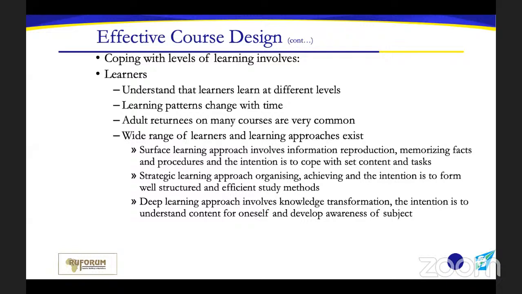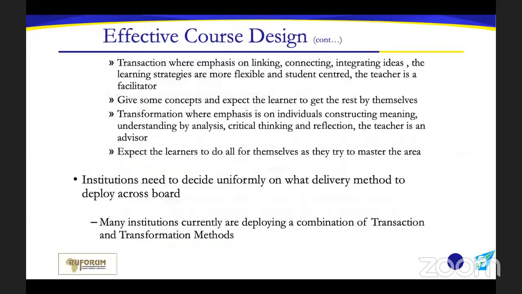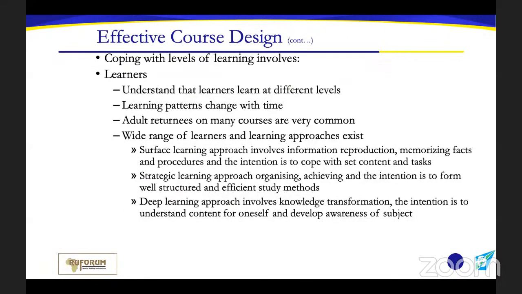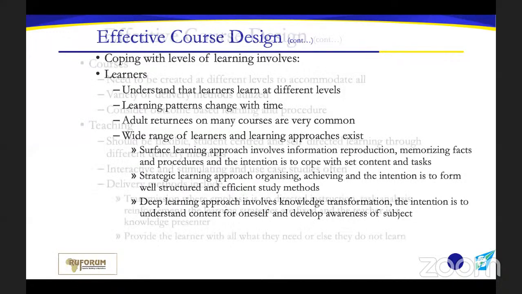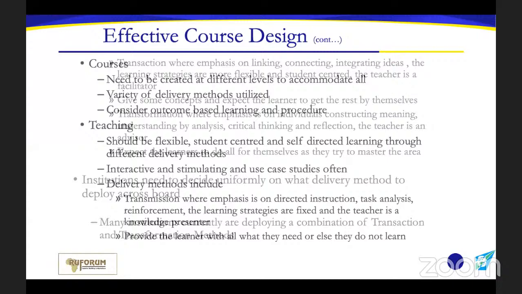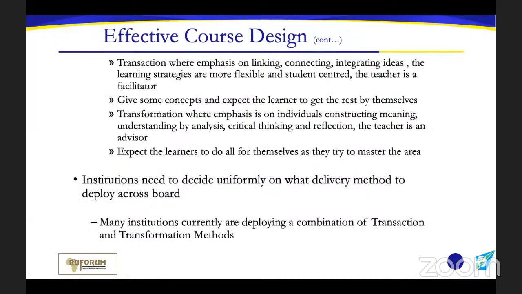You'll find that strategic works so well with the transaction. And you'll find deep learning very connected with transformation. There is an interrelationship. So the approach you take will guide you on the delivery method you have to deploy.